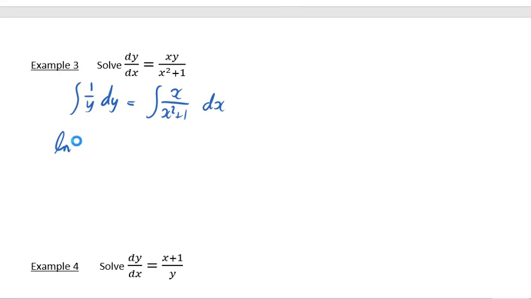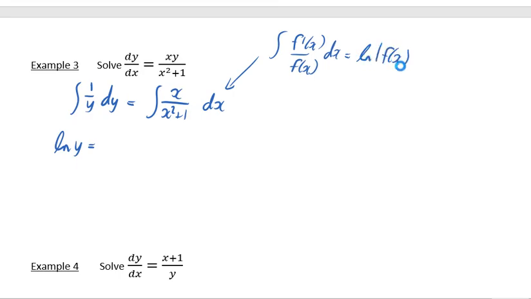So what you really have is ln of y is equal to, and this bit here, if you remember, is in the form of the integral of f dash of x over f of x, and when you integrate that, you get ln of modulus strictly of f of x plus your c.